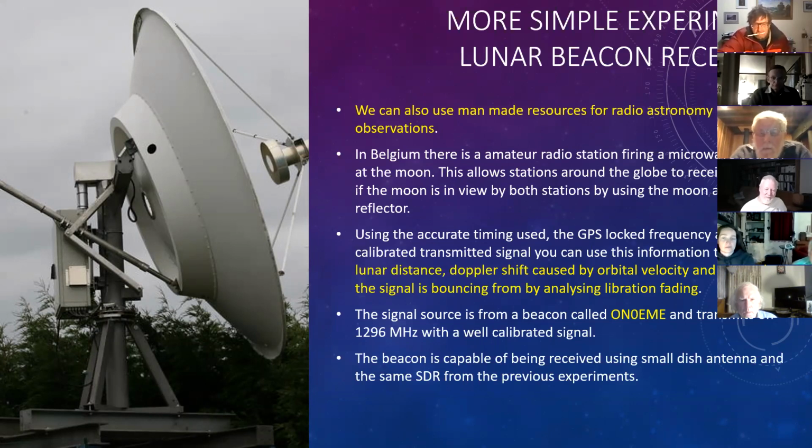Knowing the timing that this thing is creating, you can calculate the lunar distance, because we know that the moon isn't at a set distance from the Earth, it varies. And you can also measure Doppler shift, which is caused by the change in orbital velocity.